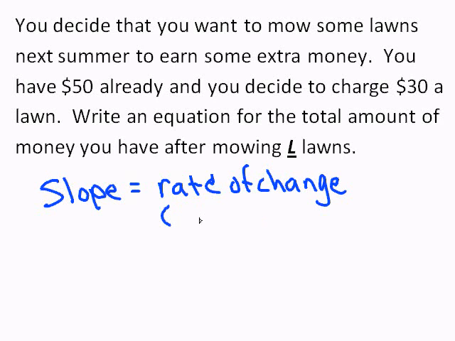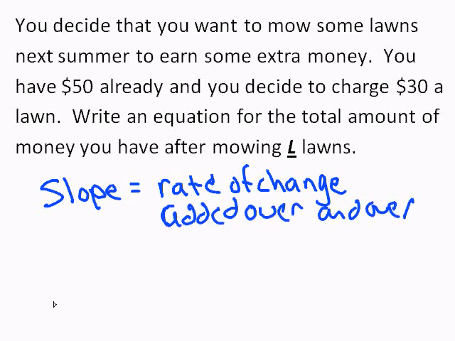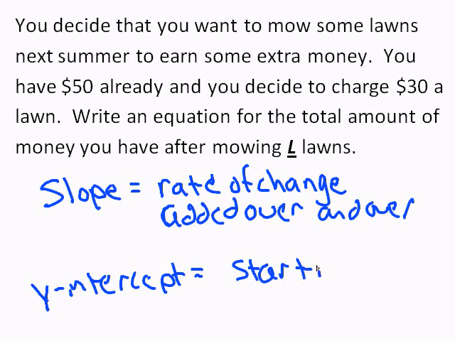It's a recurring amount that happens over and over again. The y-intercept is some sort of starting amount. That amount is added only once, or subtracted only once.